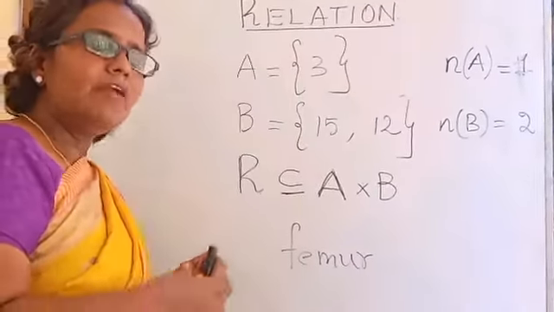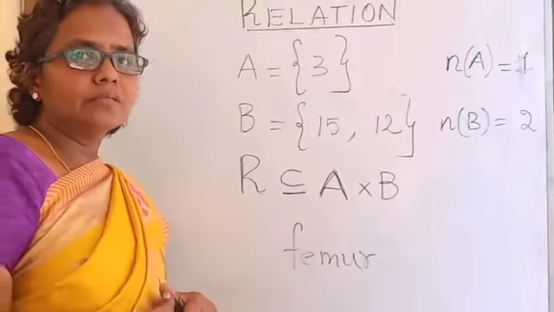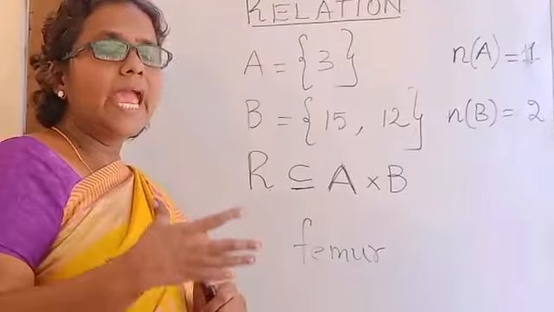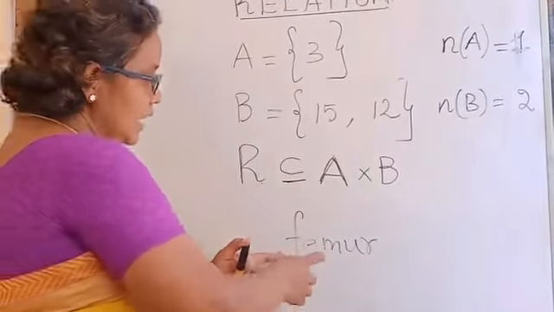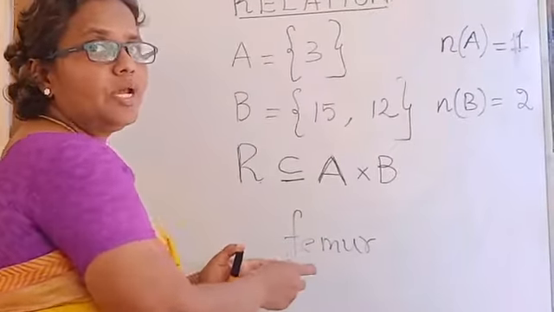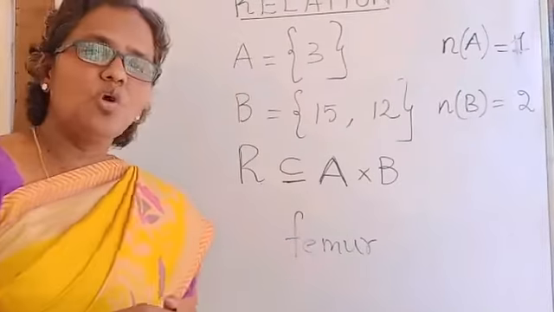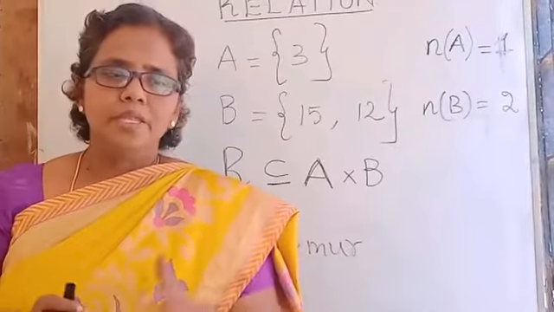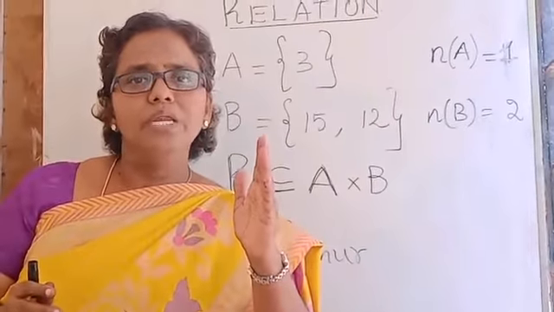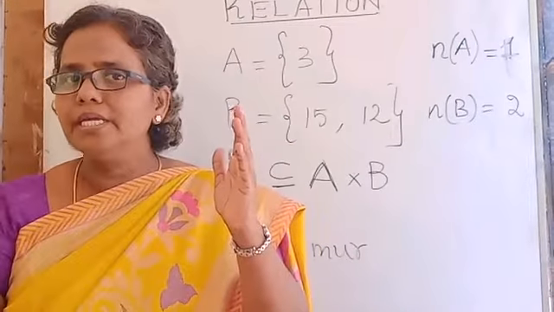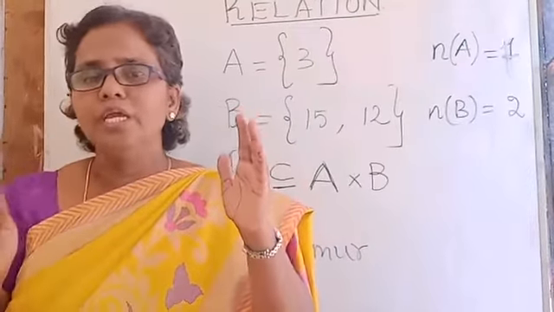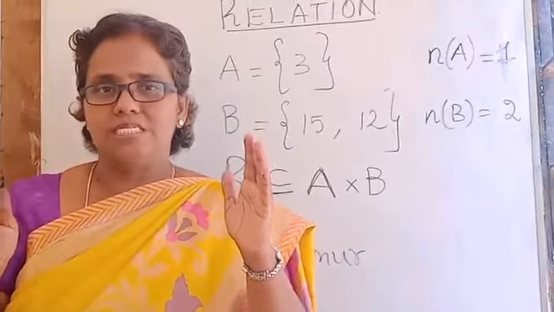So every woman in this world, their height can be calculated if the length of their femur bone is known. So what do you understand? There is a relation existing between the length of the femur bone and the height of the lady. There is a correspondence between these 2 entities.